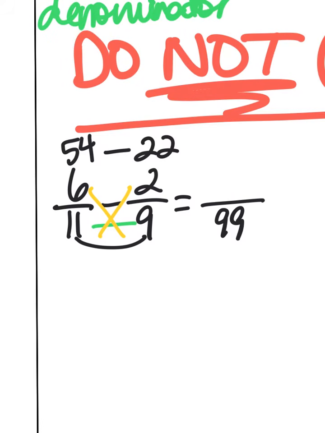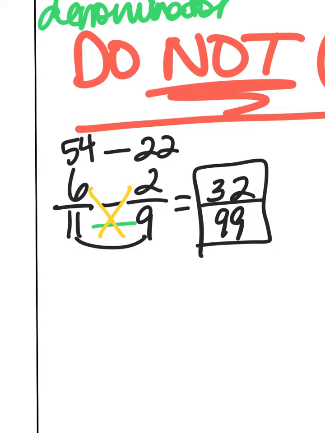Now we're just going to subtract 54 minus 22. So 4 minus 2 is 2. And 5 minus 2 is 3. There's no common denominator between 32 and 99, so we can't simplify it any more than that, and that's our answer. I hope you guys see that this is such an easy way to do addition and subtraction. Okay, and I really want you to do it that way.